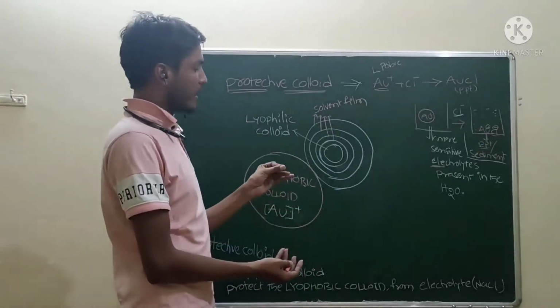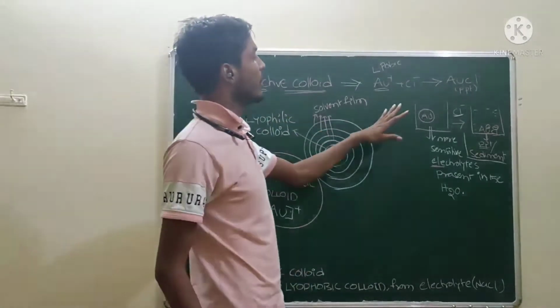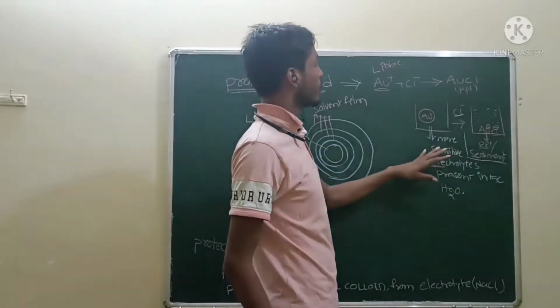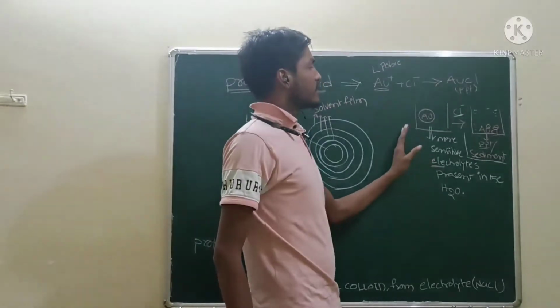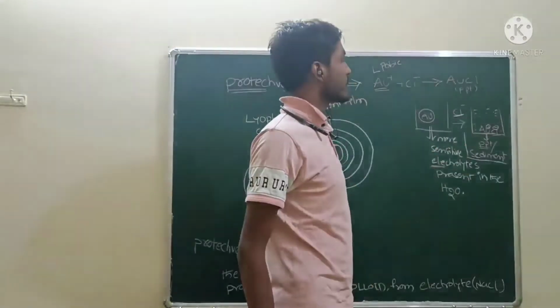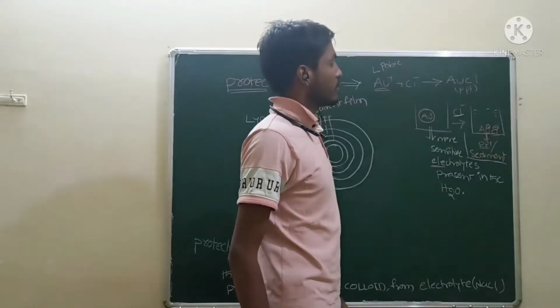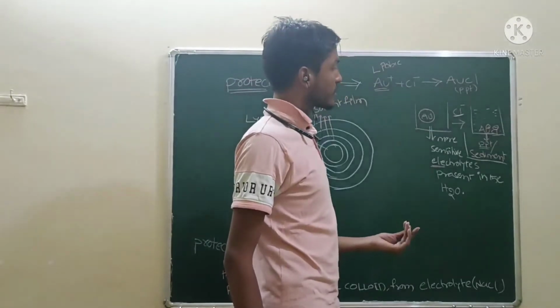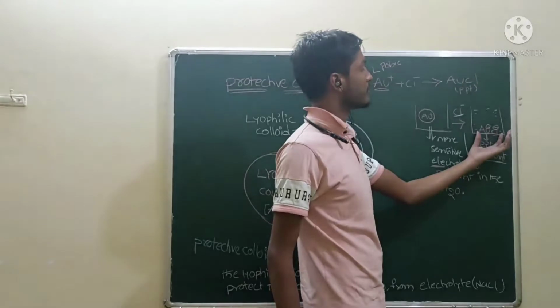So what can a pharmacist do in order to stabilize this lyophobic colloidal system? This is generally what happens: when you add water to gold, there is precipitation of the gold, and again it is not redispersing. So the pharmacist needs to solve the problem.